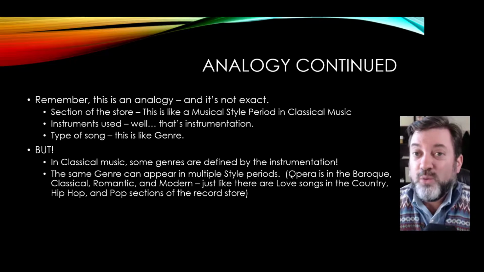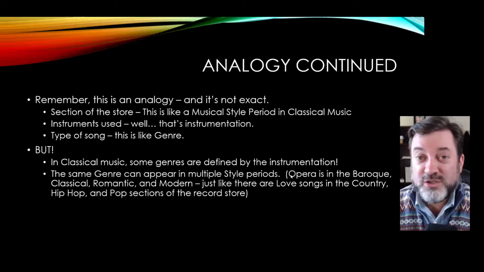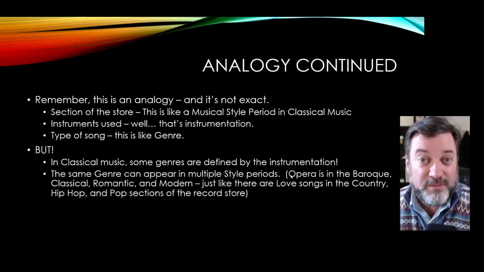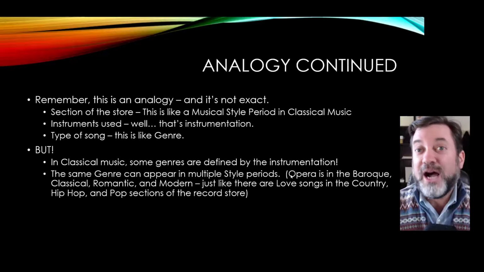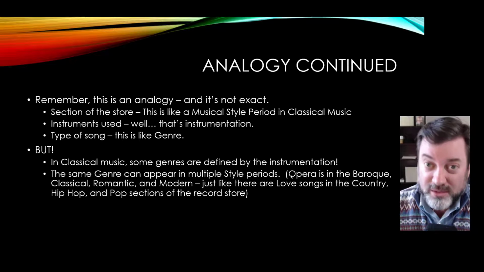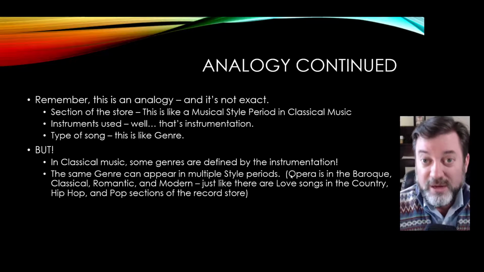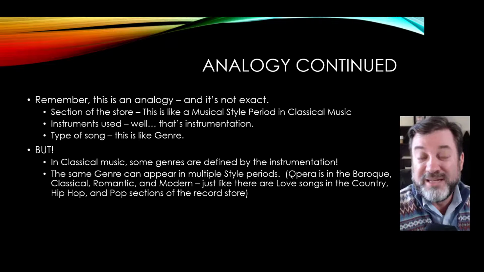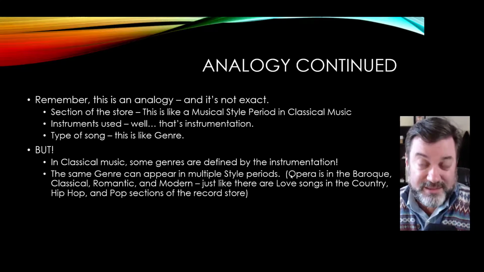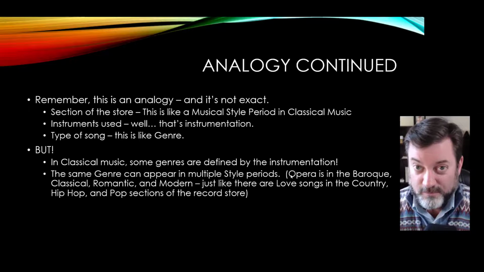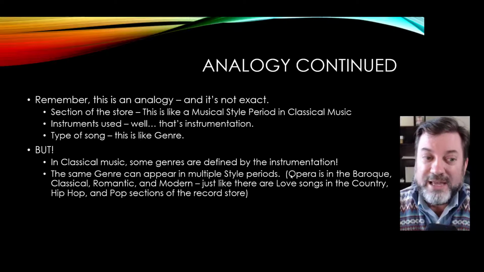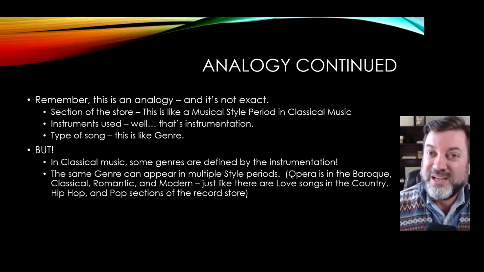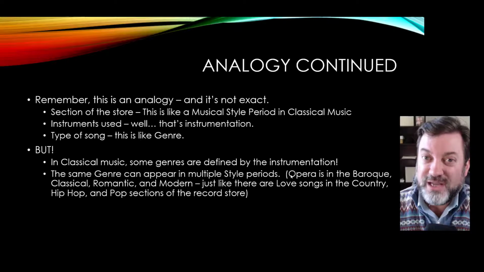For example, if you wanted to find the works of a certain composer, you would have to know what style period that composer lived in. If I'm looking for Bach, I need to go to the Baroque section of my music store. If I'm looking for Brahms, I need to go to the Romantic section of my classical music store. Does that make sense? So in our analogy, the section of the store is kind of like the musical style period.